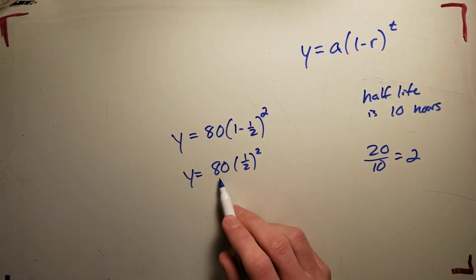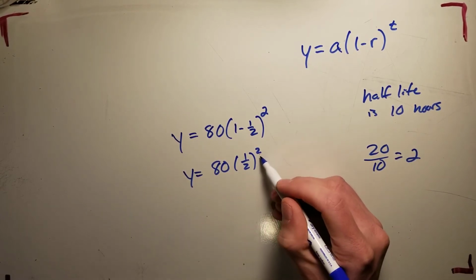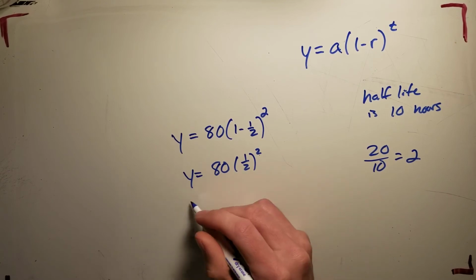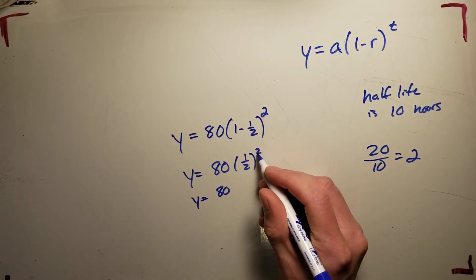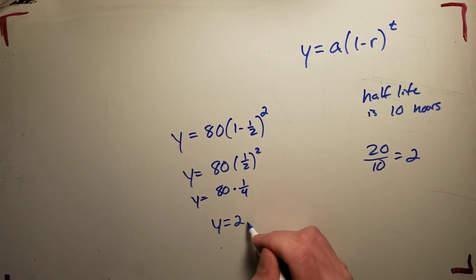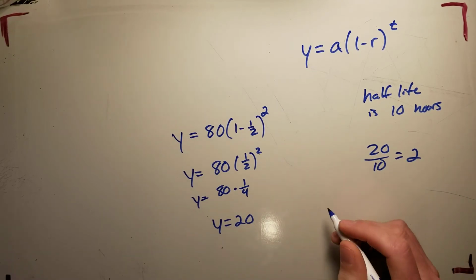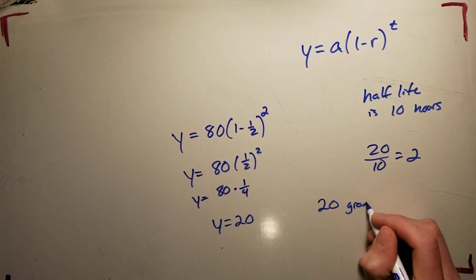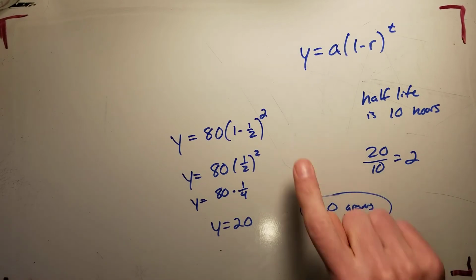So you're starting with 80, you're taking half of it every time, and you're going to do that twice. So this would be the equation we set up, and 1/2 squared is 1/4, so 1/4 of 80 equals 20. So after 20 hours, there would be 20 grams left.